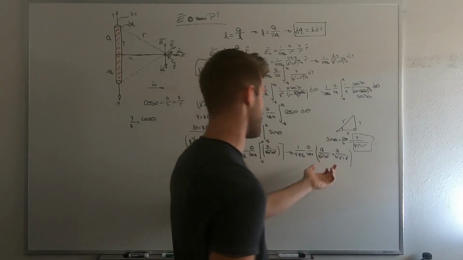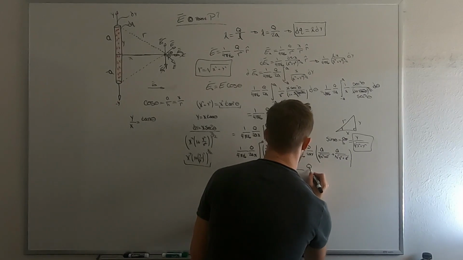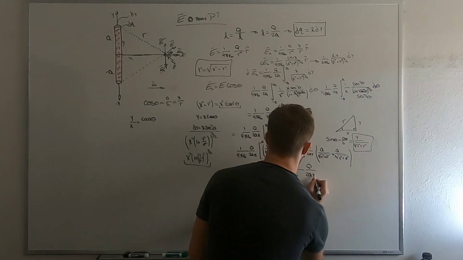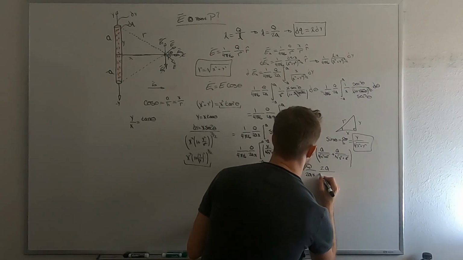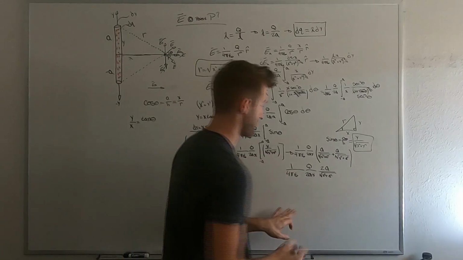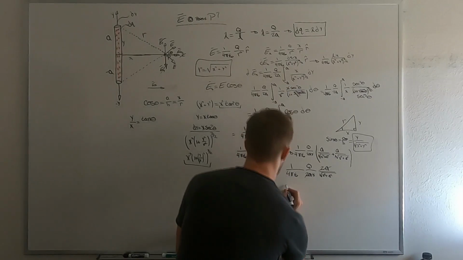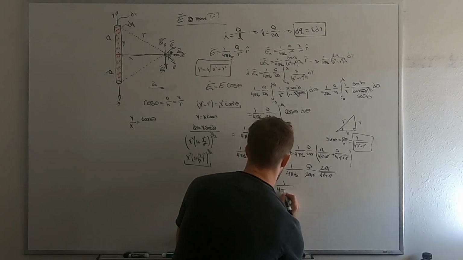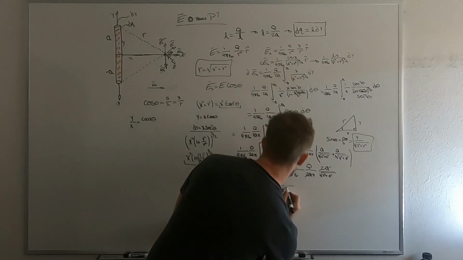Okay, so now we can just add these together, and we're going to have 1 over 4 pi times epsilon naught times q over 2a times x, times 2a over the square root of x squared plus a squared. And now we can just cancel out 2a. So that's pretty nice. So cancel out 2a, and we're going to have 1 over 4 pi epsilon naught times q. Actually, we'll just put q here.